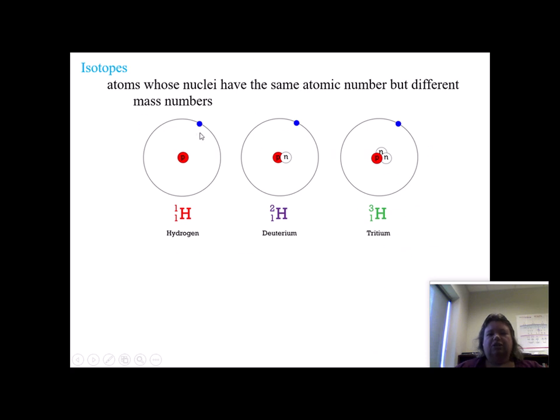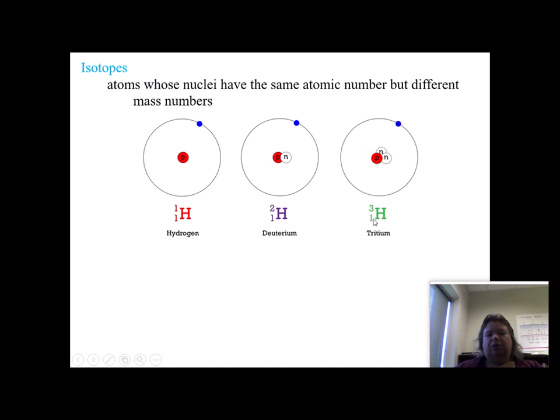Hydrogen has 3 isotopes. It has hydrogen-1, which means it has 1 proton and no neutrons, so the mass number and the number of protons are the same. There's deuterium that has 1 proton and 1 neutron, so my mass number now becomes 2. It still has 1 electron, 1 proton. So the 1 proton means that it's hydrogen. And then there's tritium, which is 1 proton, making it hydrogen, and this one has 2 neutrons, so it gives me a mass number of 3.